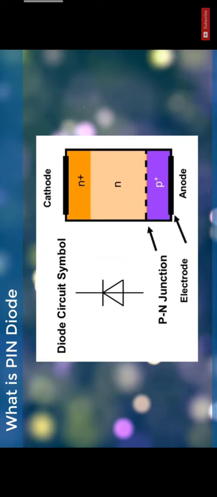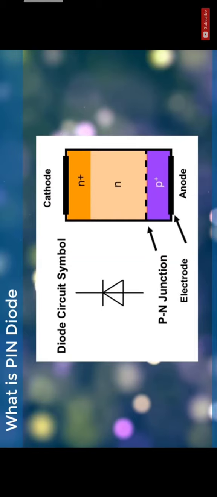So for the n-type semiconductor, pentavalent impurities are doped into the n-type semiconductor. Trivalent impurities are doped in the p-type semiconductor.